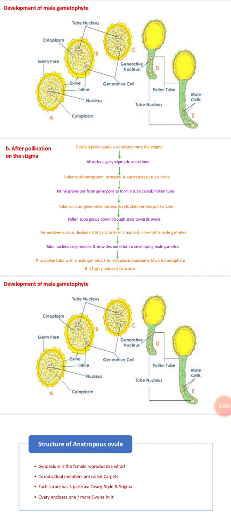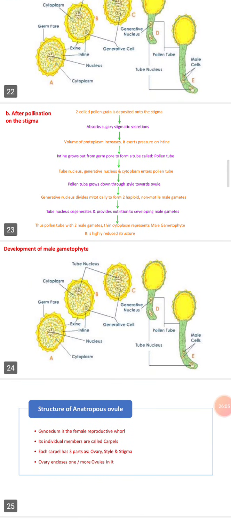Then it absorbs different types of material present on the stigma region of the gynoecium, and finally the pollen tube is formed. The generative cell with its nuclei gets attracted toward the pollen tube. We call them male gametes, and they are attracted toward the female gametophyte for the fusion.